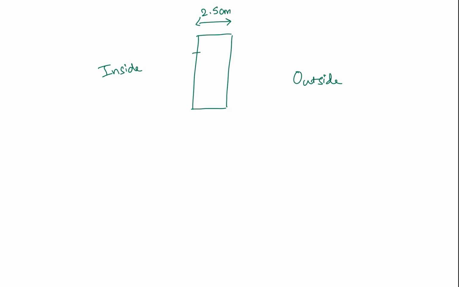We have temperature inside T in and temperature outside T out. We have total heat rate as 3 kilowatts. We have the cross-sectional area of this material as 10 meter square and thermal conductivity of this material as 0.2 watt per meter Kelvin.